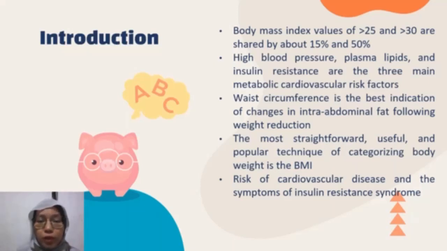The most popular predictors are waist girth and waist-to-hip ratio, which is WHR. Both cross-sectional and longitudinal investigations have demonstrated that visceral AT accumulation and waist circumference are more significantly correlated than WHR.